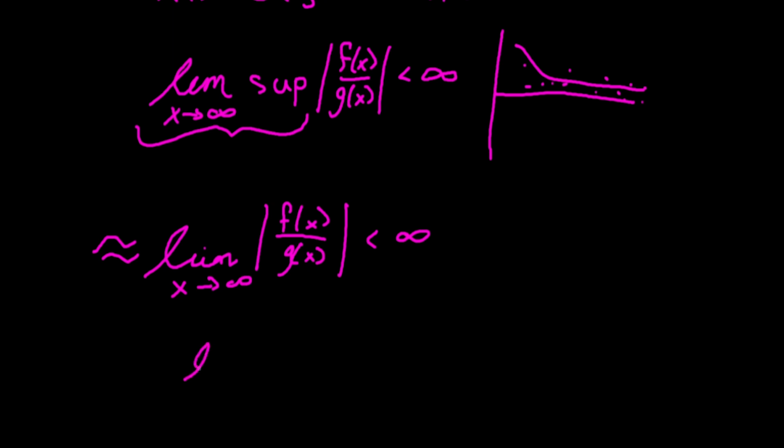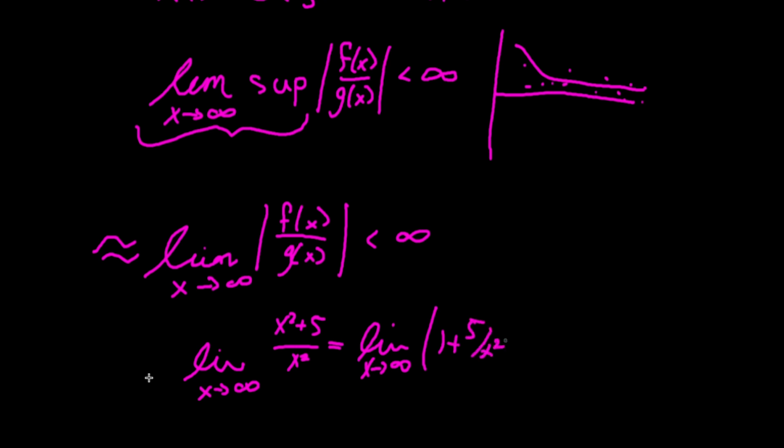We take the limit as x approaches infinity of x squared plus 5 over x squared, which is equal to, and I'll remove the absolute value signs, the limit as x approaches infinity of 1 plus 5 over x squared.